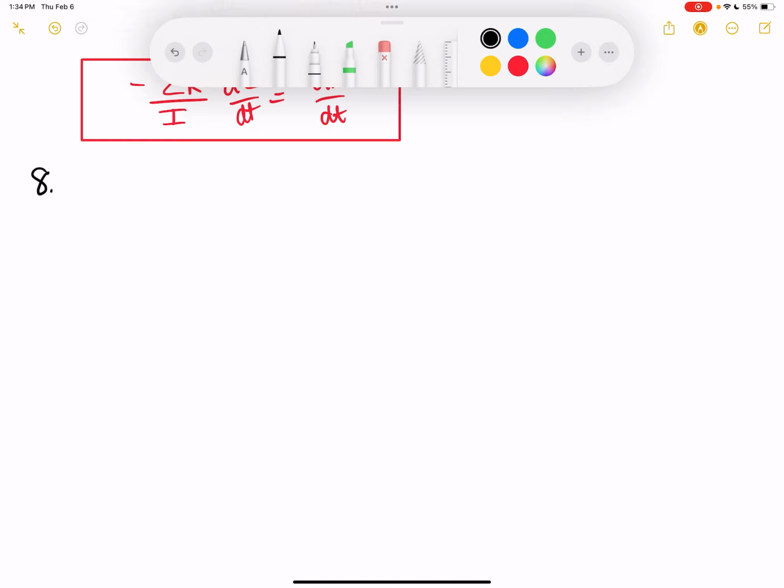At what rate is the plate's area increasing when the radius is 50 centimeters? So basically, dr/dt is 0.01 centimeters per second. The radius is 50 centimeters. And it says, at what rate is the plate's area increasing?